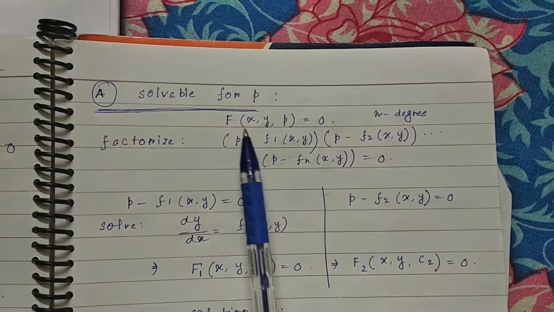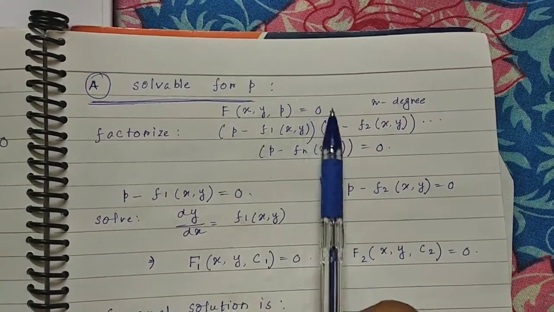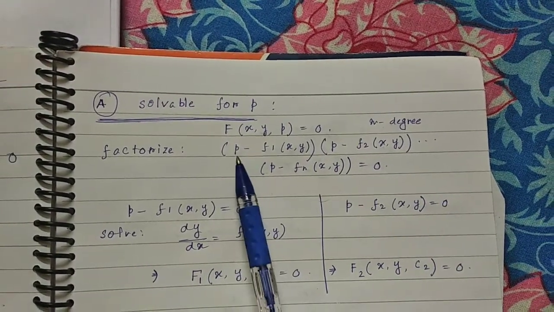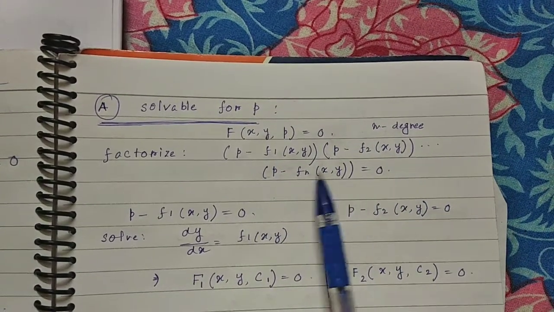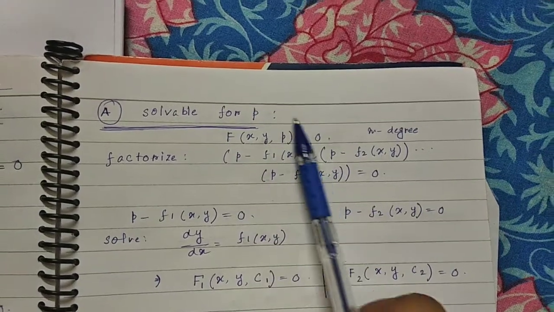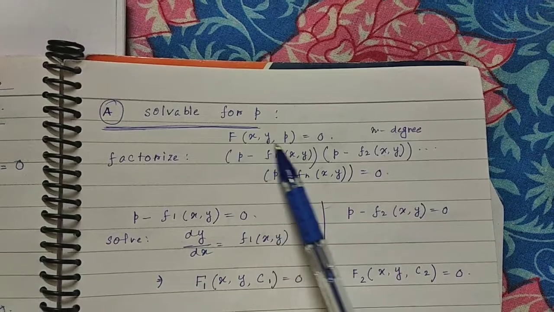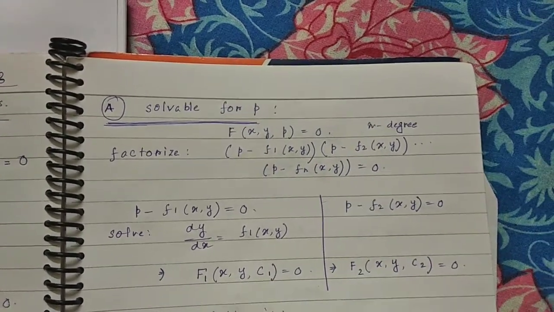Now you can factorize this in n factors: p minus f1, p minus f2, up to p minus fn. You are given an nth degree equation, and you can factorize it into n factors.